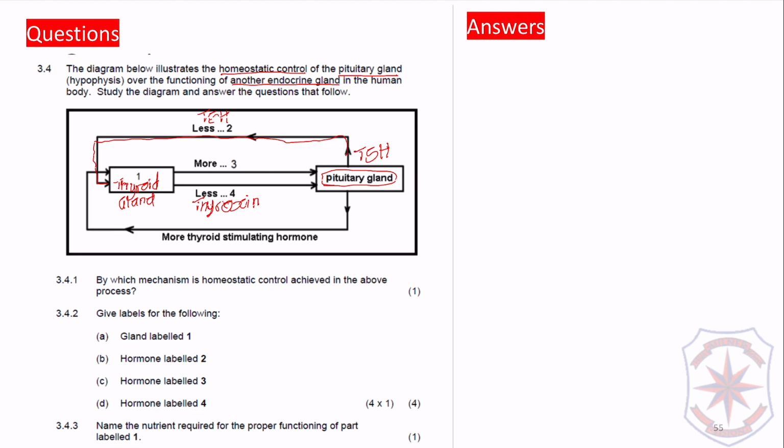And then if we have less thyroxin, that will inform the pituitary gland again to secrete more thyroid stimulating hormone, which is TSH.